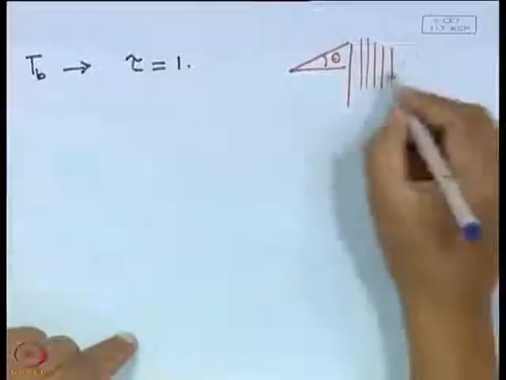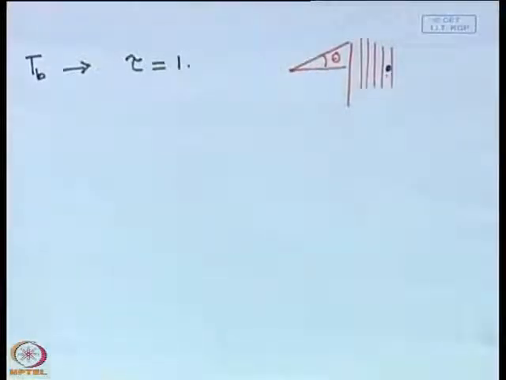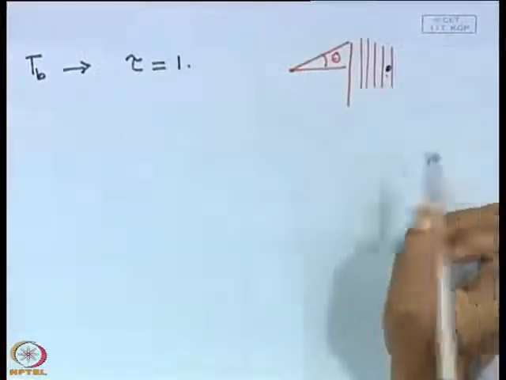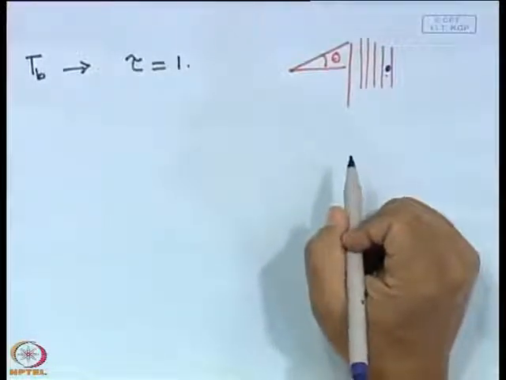Okay. If you go inside the sun where the optical depth is larger, what happens to the photons that are emitted over here? The optical depth here is large. So the probability of a photon propagating is e to the power minus tau.